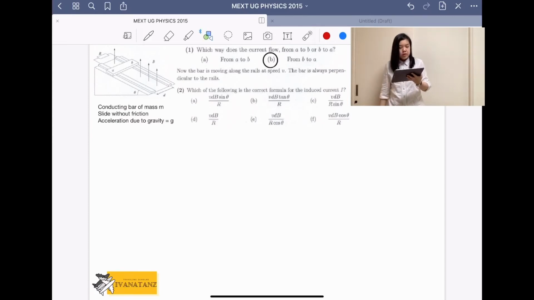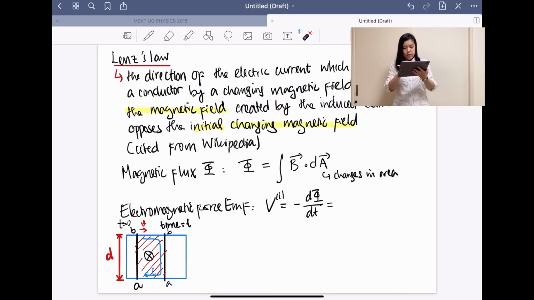Okay, next, the bar is moving along the rails at the speed v, and the bar is always perpendicular to the rails. Which of the following is the correct formula for the induced current I? Before we calculate the induced current I, we need to calculate the electromotive force, or EMF, or maybe it is more familiar if you see the V symbol.